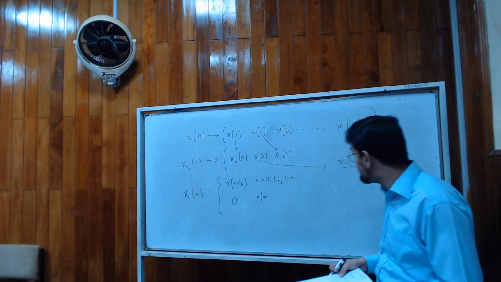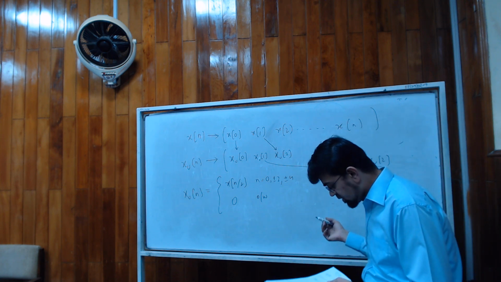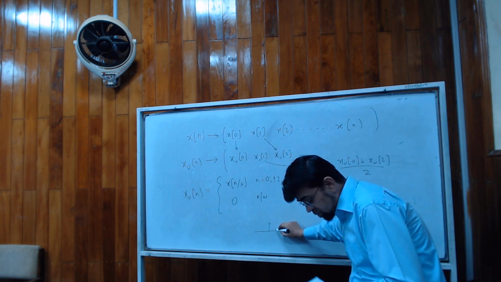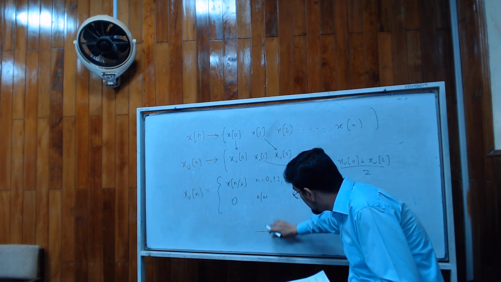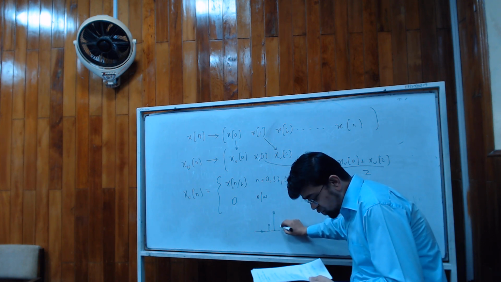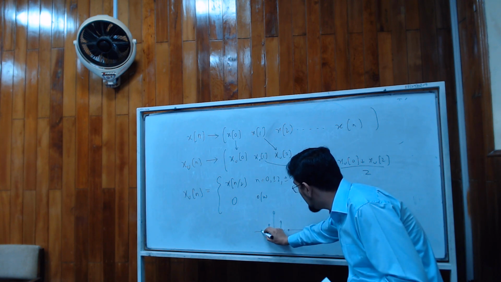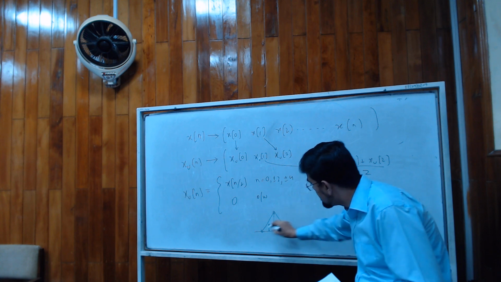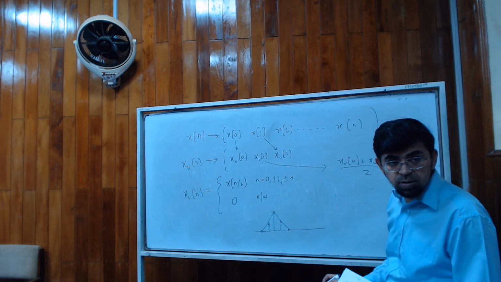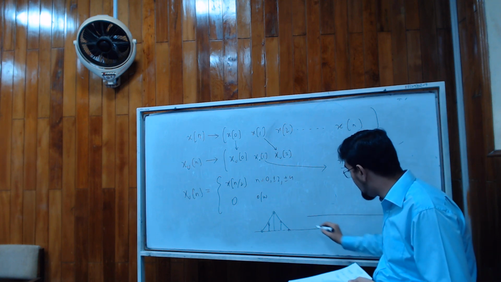Now just an interesting question. Let's say you had this discrete time signal, with values at 0, 1, 2, and so on, and you wanted to upsample it. What would you do? First you will create gaps between them.